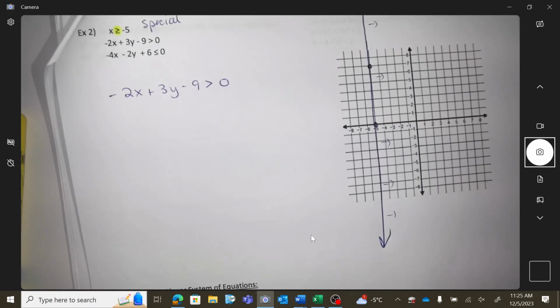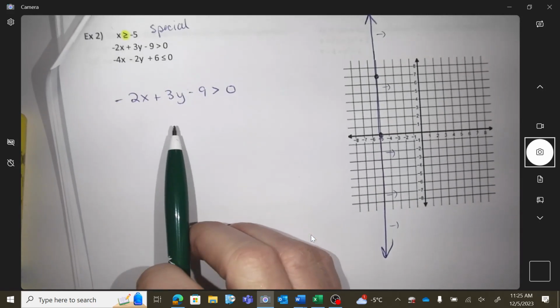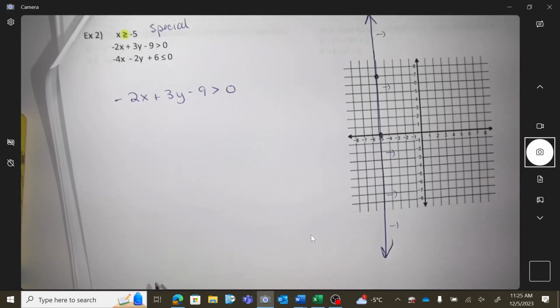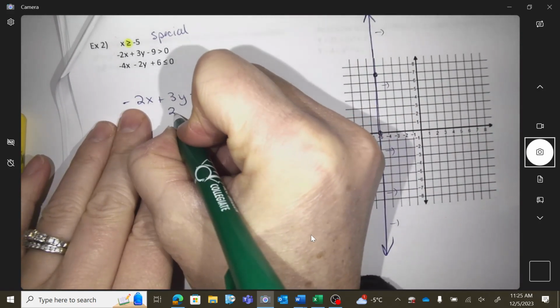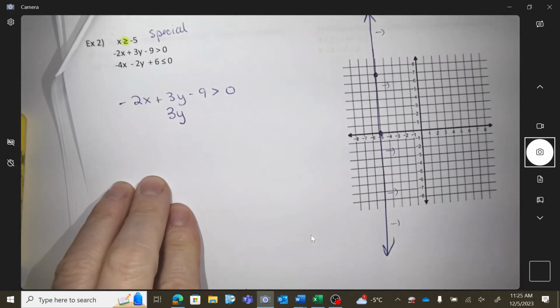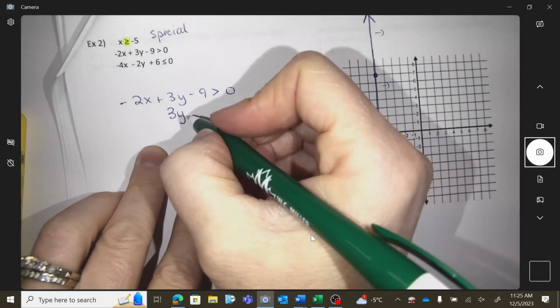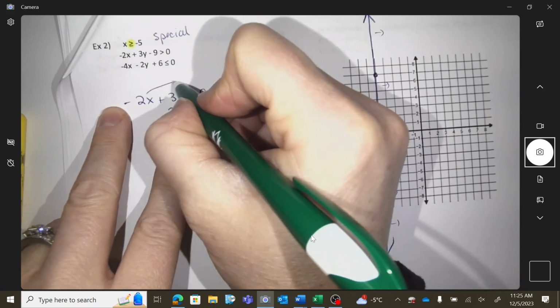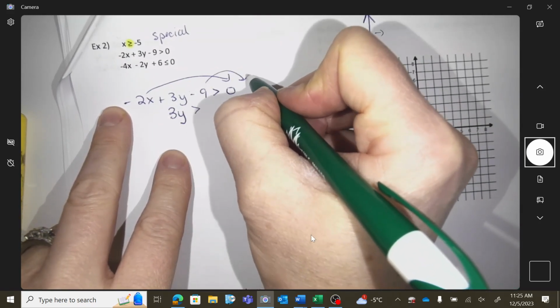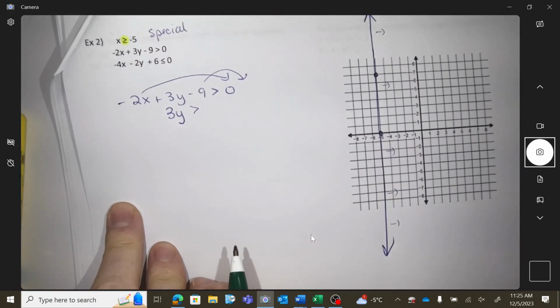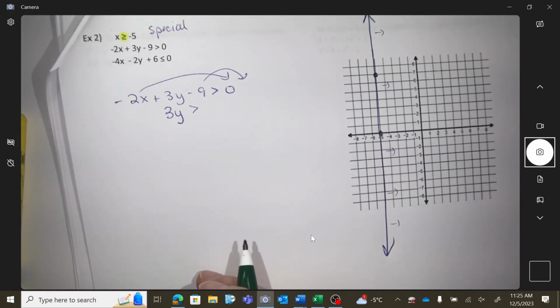Okay, the second line. Looking at it, I have no idea how to graph it. So what could I do to make it look like the other things that we did? Separate, isolate, right? Okay, so here's what I'm going to do. I'm going to keep y stuff. I'm going to move x stuff, and I'm going to move number. Isolation, right? Algebra.